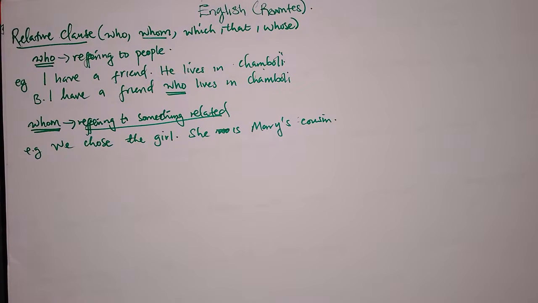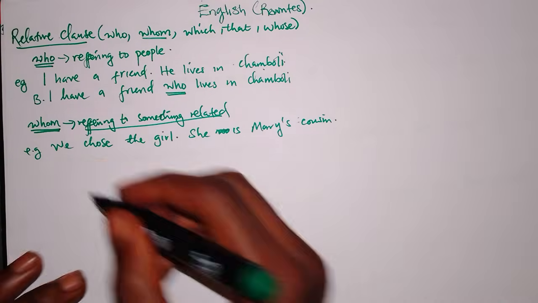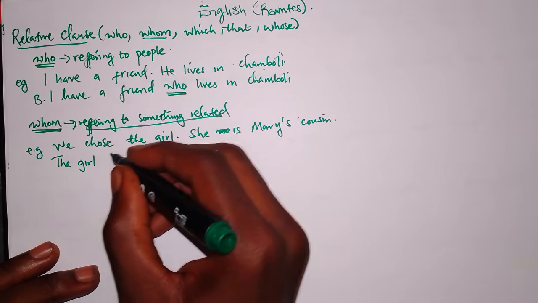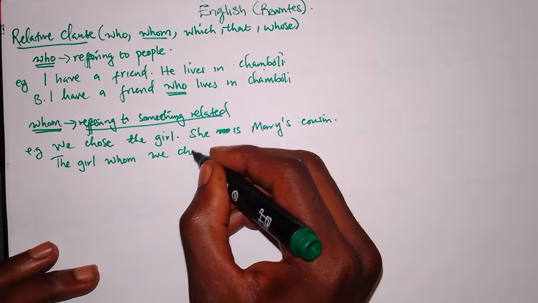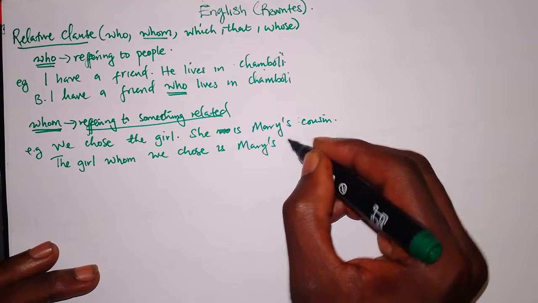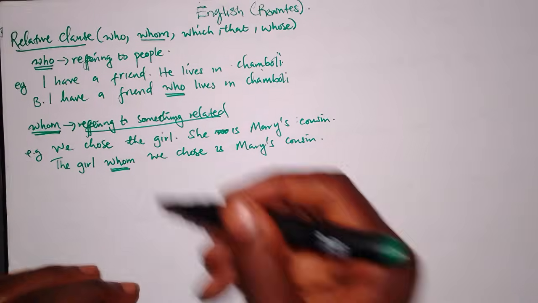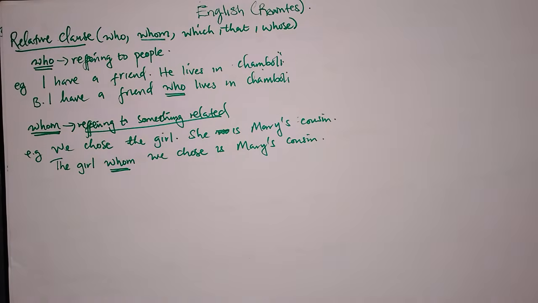So how can you join them? Whenever you are talking about something related, you have to use whom. So you can say, the girl whom we chose is Mary's cousin. So you have seen that we have joined these sentences using whom.